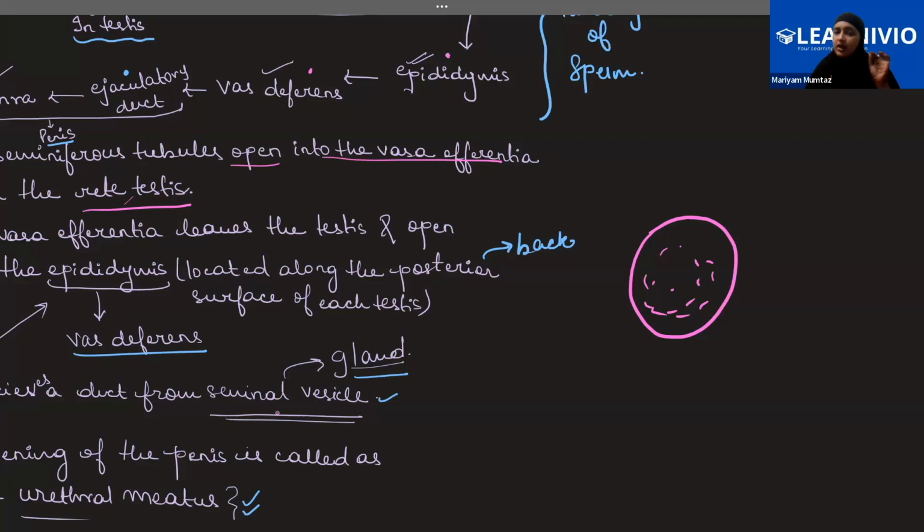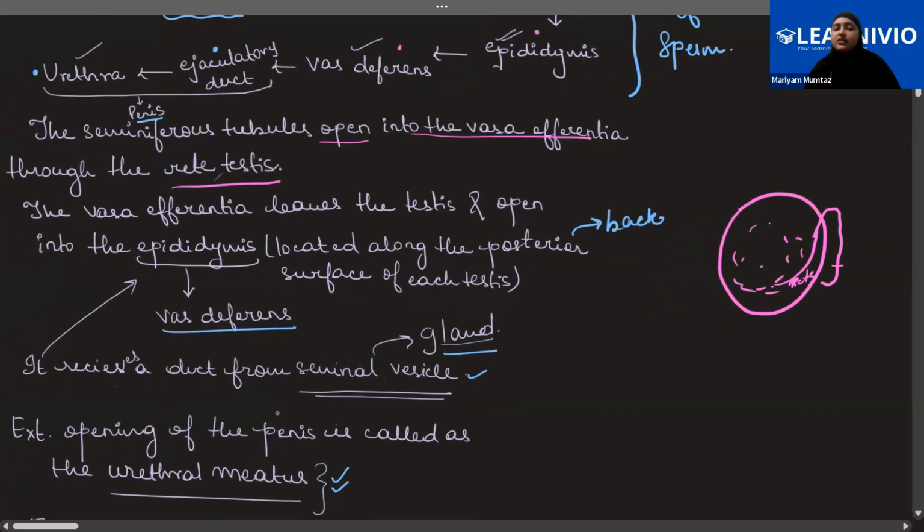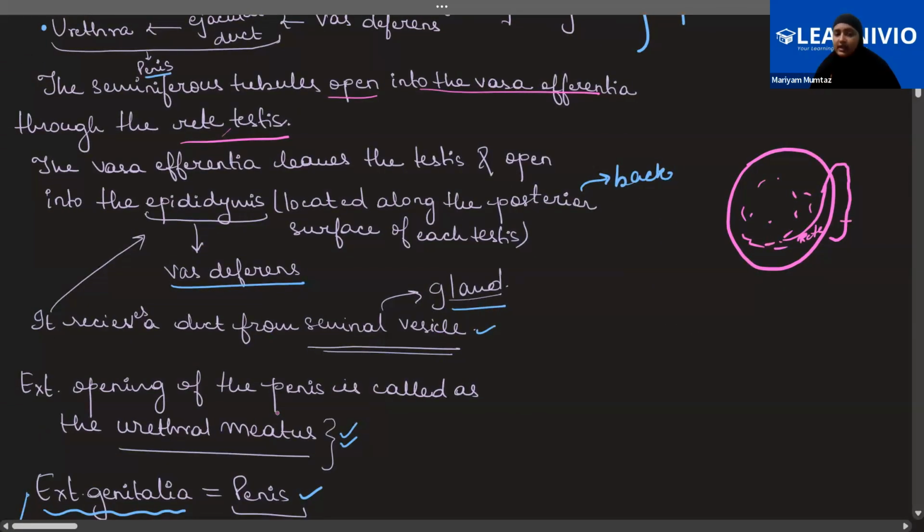The sperms are formed. From this, the vas efferentia would be there, but before vas efferentia, there will be the rete testis. And then it will leave the testes, and on the behind side, meaning the posterior side, there will be the epididymis. Because one way or another, it has to leave the testes to go out, right? So the epididymis is located on the back side of the testes.